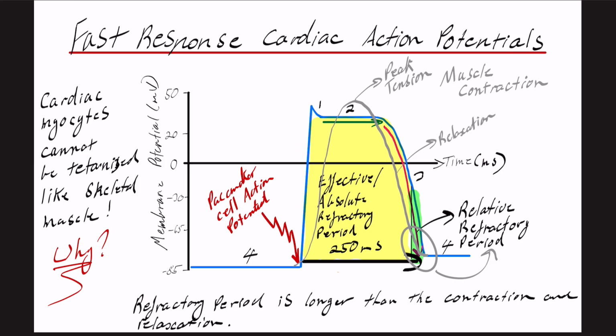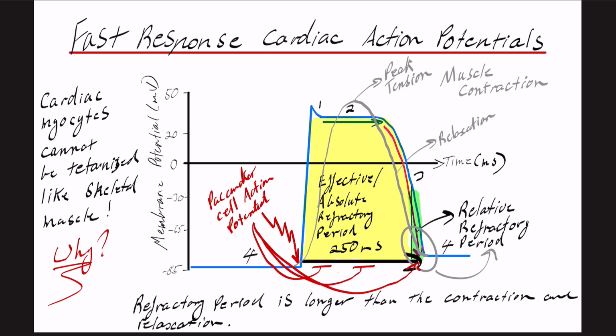So you can see here, if there is a pacemaker action potential or some kind of action potential that is strong enough and firing constantly, such as in tetany, it can't stimulate the muscle within that absolute or effective refractory period. But then potentially when you get to the relative refractory period, it could stimulate another action potential leading to contraction.